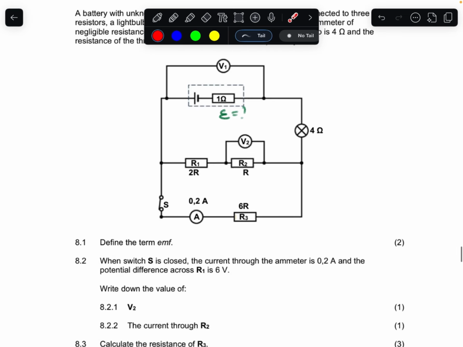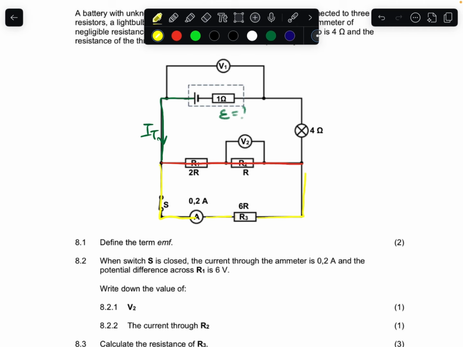So guys, let's look at the circuit. After reading the statement, you follow the current there. So we have a total current there. When it gets there, it splits. There's a split that goes there, right? And there's another split that goes that way, right?